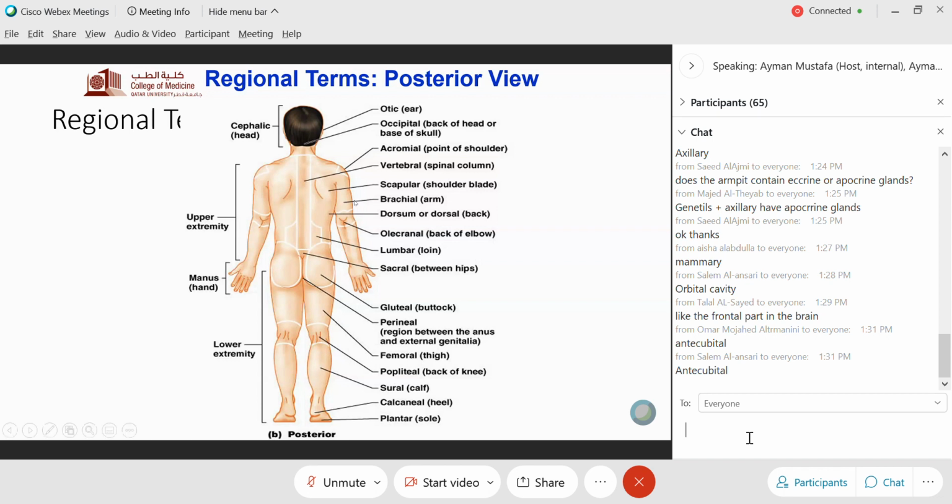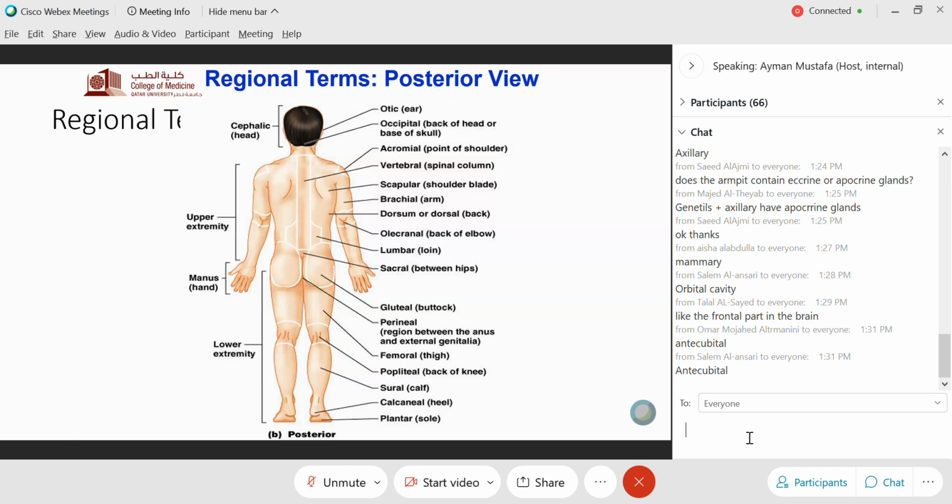Now, in the lower back, on either side of the vertebral column, we have what we call the lumbar region. In common English, we use the word loins. When you go to the butcher to buy meat, I'm sure you came across the word tenderloin. So tenderloin or loins, in Arabic it means الخاصرة.